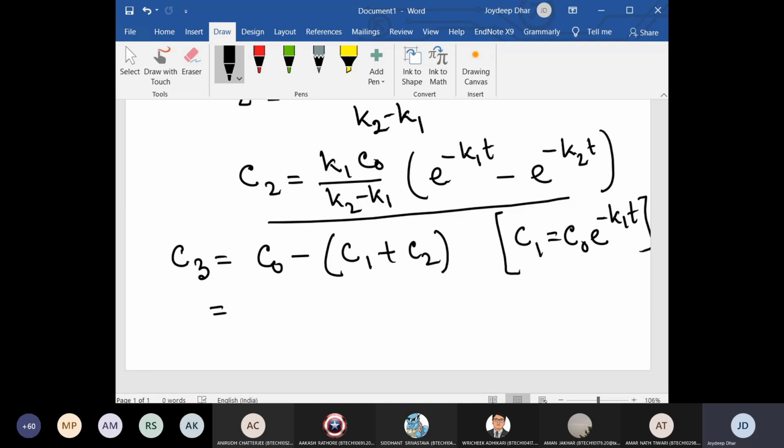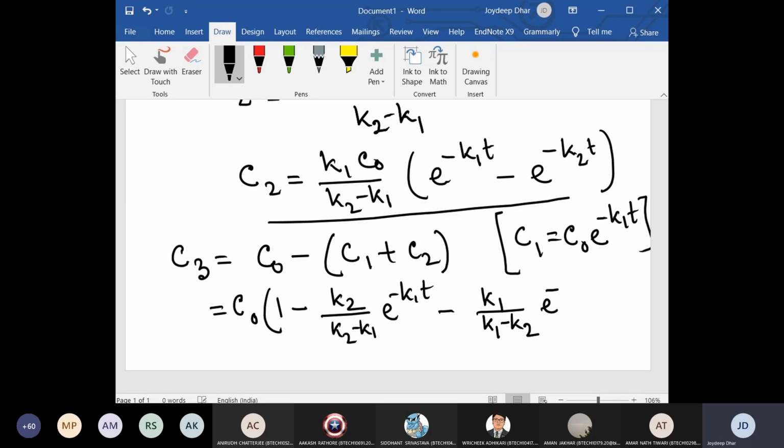C2 is an intermediate, so its concentration is also not equal to 0. So you will also get some value. The final concentration will be 1 minus K2 by (K2 minus K1) e to the power minus K1T minus K1 by (K1 minus K2) e to the power minus K2T.